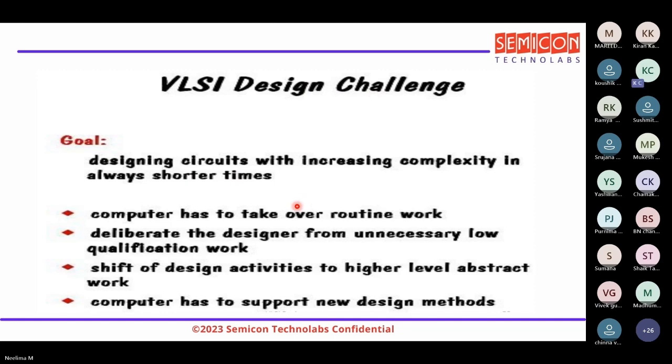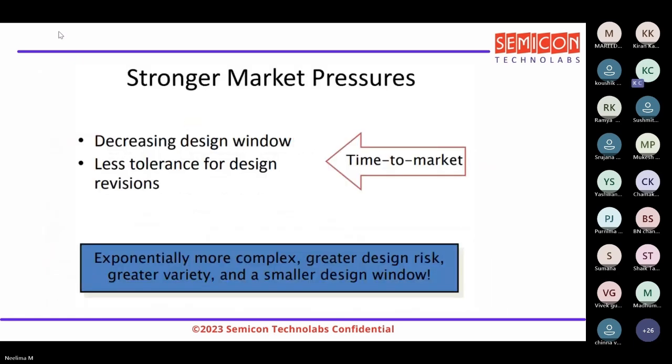Now let's see how a chip is generally designed, from beginning till end. Of course, the same time to market we discussed in the previous slide. Stronger market pressures: the market needs more and more electronic gadgets with more features added, less power consumption, and in a small size.